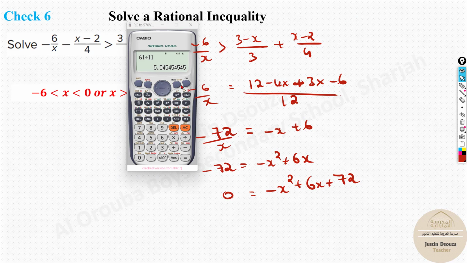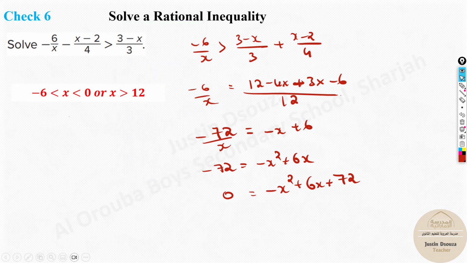Here we will use the calculator. Mode 5, 3, it's minus 1, 6 and 72. The answer is 12 and minus 6. So it's important to write those values. Let me just write.